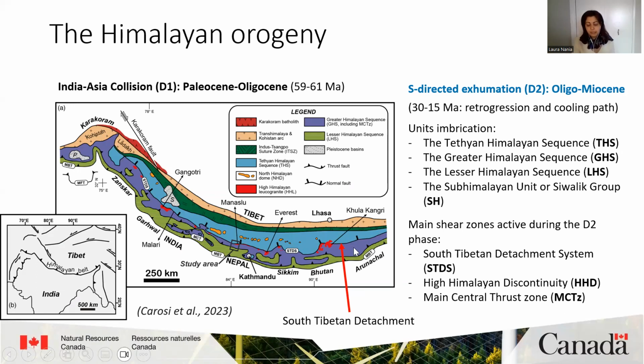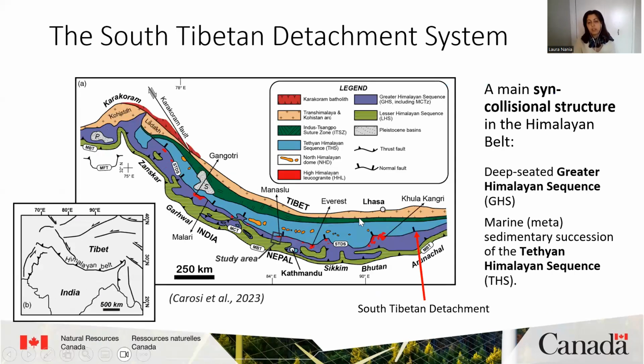The Greater Himalayan sequence is considered the highest metamorphic complex of the belt, reaching amphibolite facies with lots of melt and migmatite, and it is in the footwall of the structure. At the hanging wall, we have the Tibetan Himalayan sequence, metasedimentary rocks ranging from very low grade to unmetamorphosed.